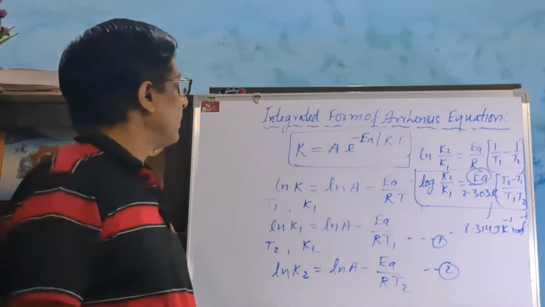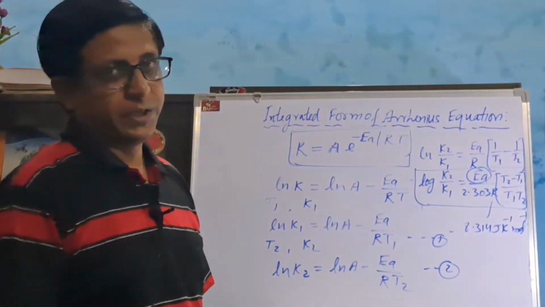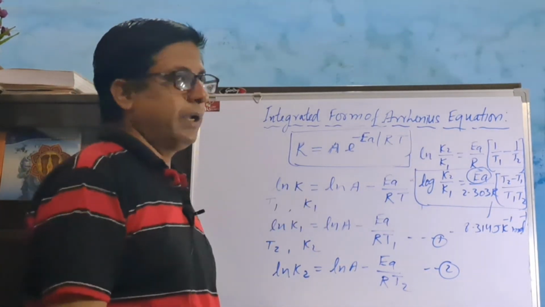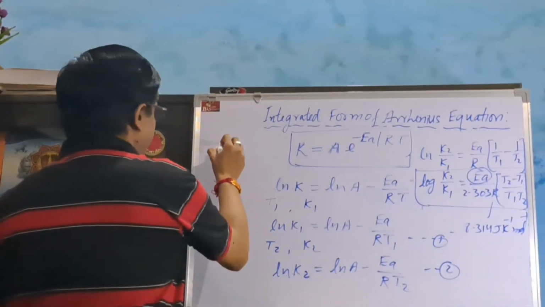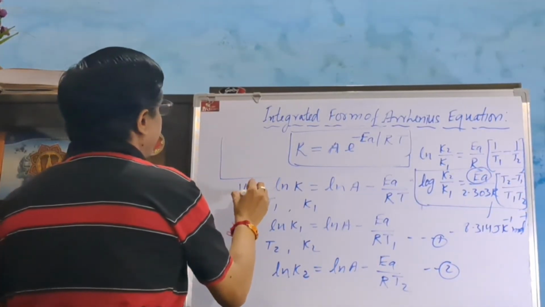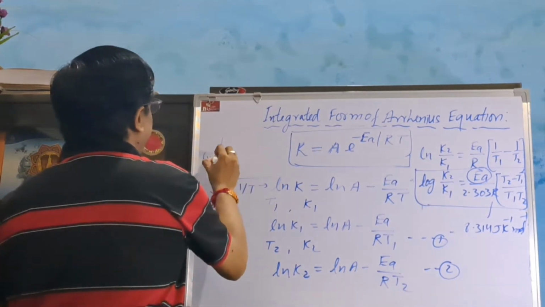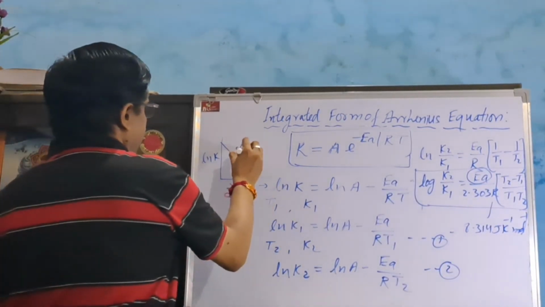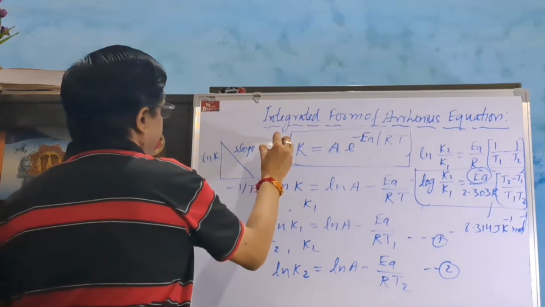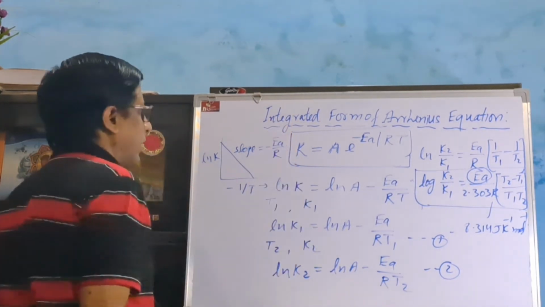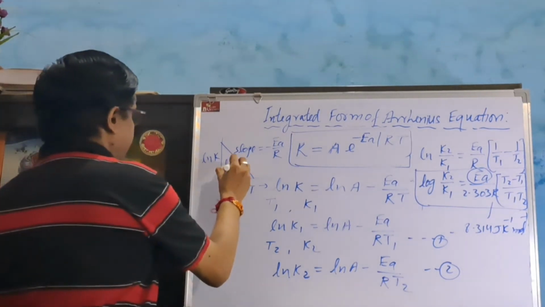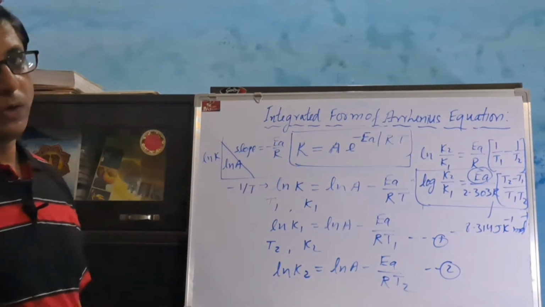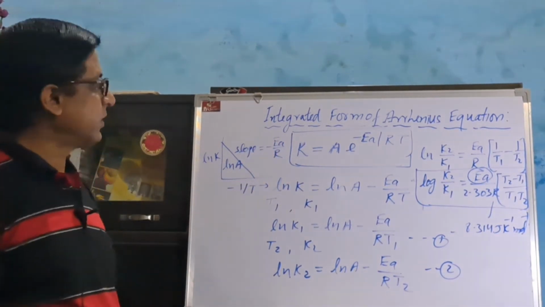So today I have discussed about integrated form of Arrhenius equation and its graphical representation. We have obtained the graph between 1 upon T versus ln K. A straight line was obtained and the slope of this straight line was minus Ea upon R and the intercept was ln A. By graphical representation, we can also calculate the value of activation energy for a given reaction from the slope.